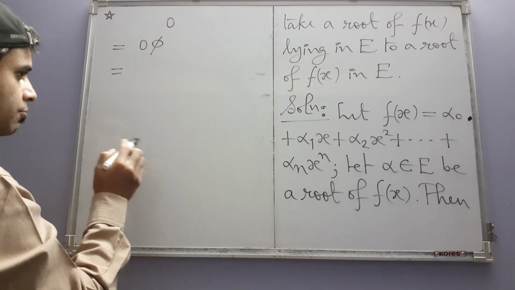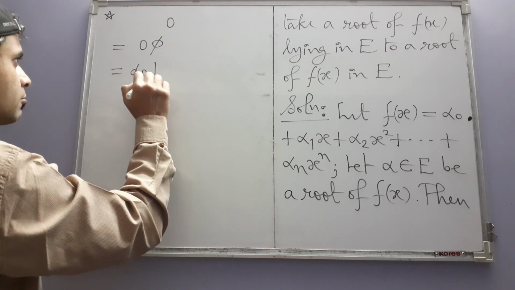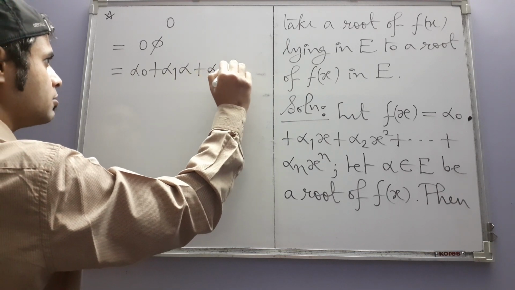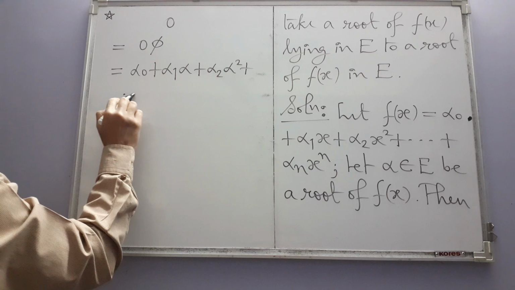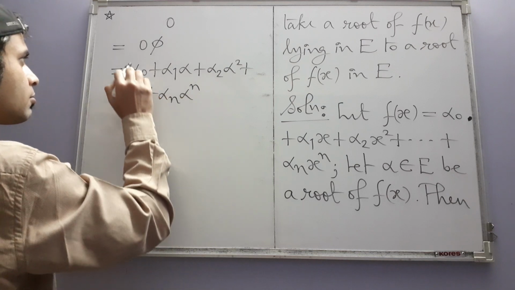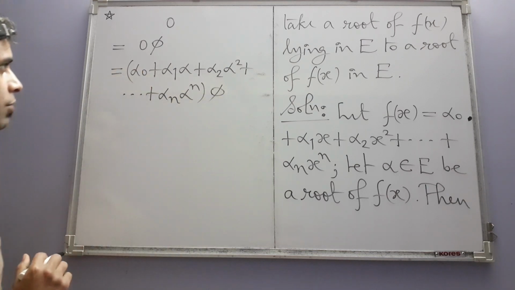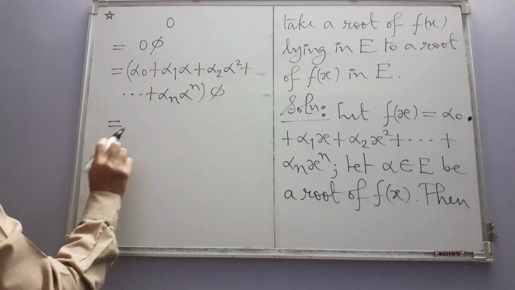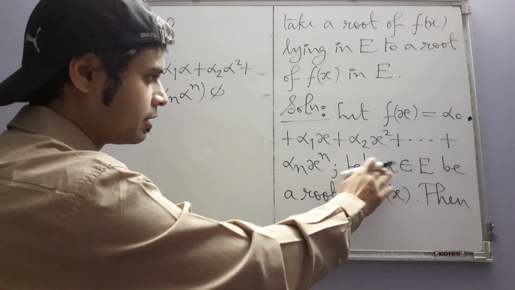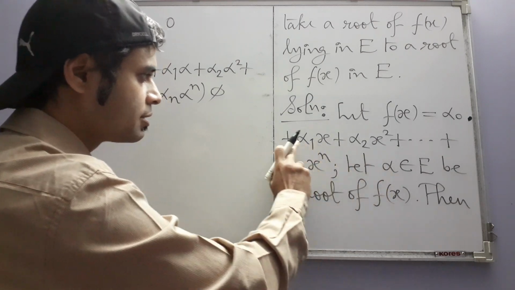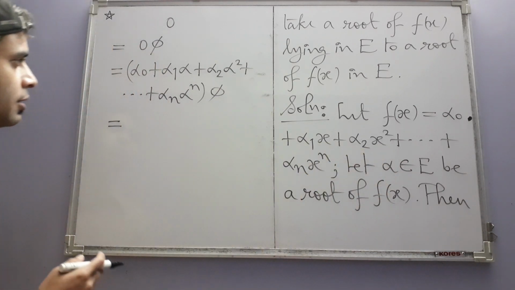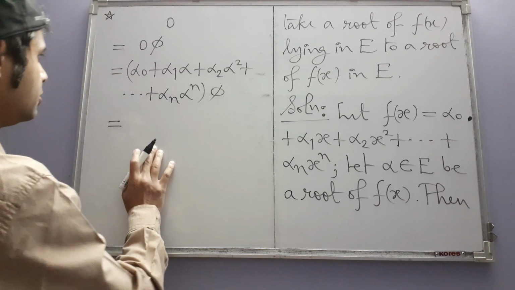Now we can replace 0 with this. Since alpha is the root of f(x), the phi image of this. Looking at this expression, if you feel there is a chance of confusing this alpha with the coefficients alpha_i, you can use some other symbol here also if you want, say beta or maybe some English alphabet.